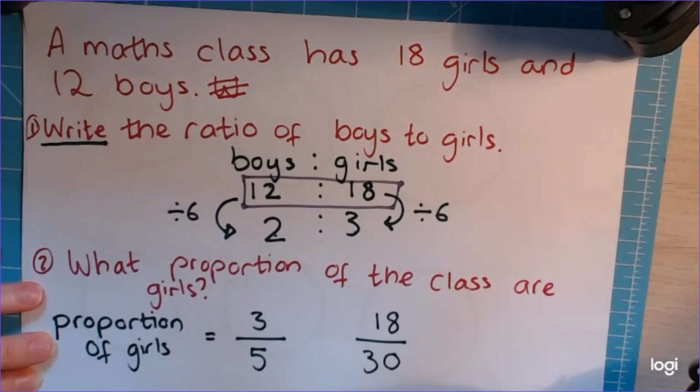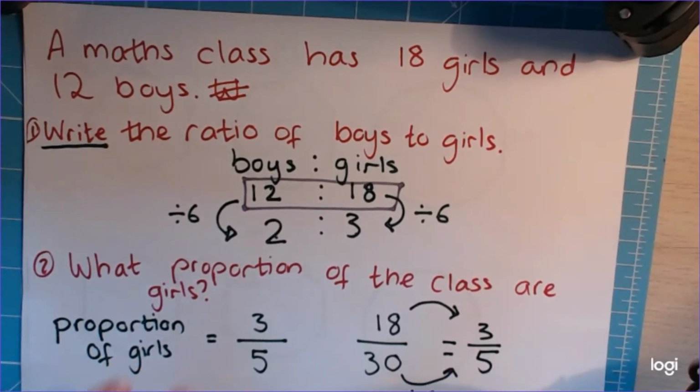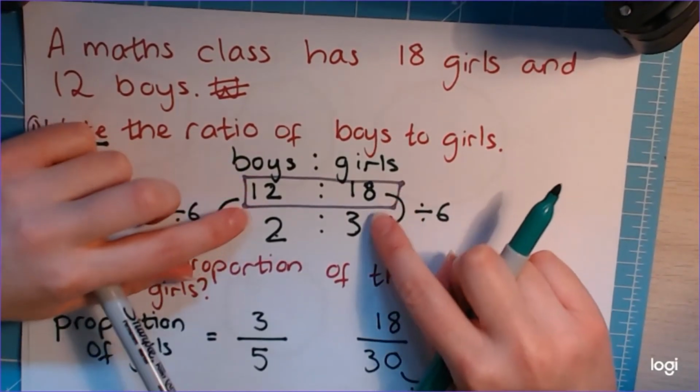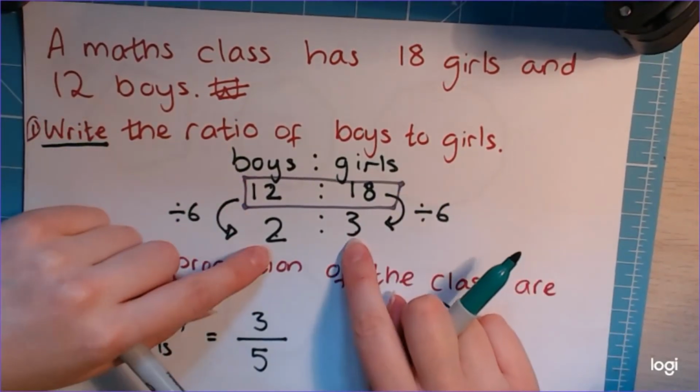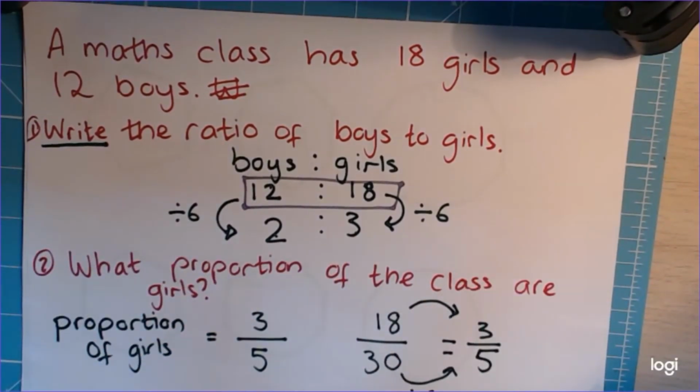These are the same, because this one has got two multiples of 6. And so if we divide the top and bottom, if we simplify this fraction, we actually get 3/5. Okay, so they are the same. So it doesn't particularly matter which set of numbers you use. Okay, and personally I'd go with the simplified one just because it's a little bit less work to do. Okay, it takes out a step.